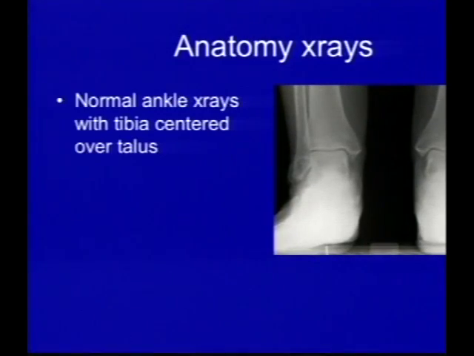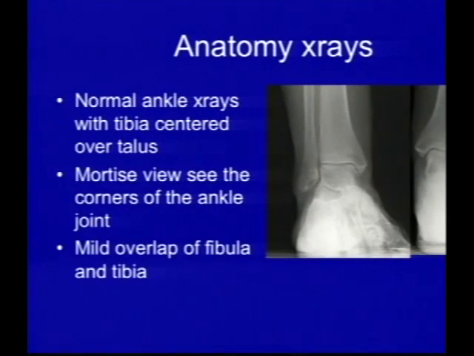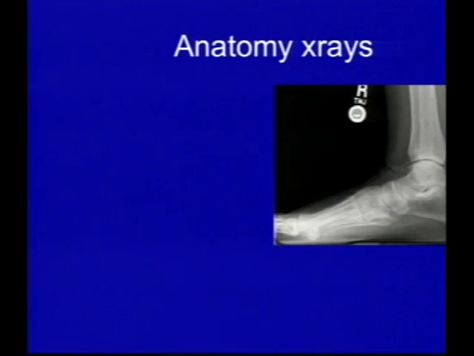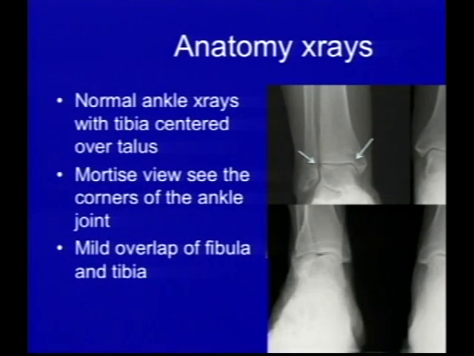And so this is actually a normal x-ray, and you can see that there's normal space in between the two corners of the ankle joint, okay? The ankle joint's between the tibia and the talus there. And there's a mild overlap of the tibia and the fibula. This is that same person, and believe it or not, it's on the other side, but you can see how this is 100% overlapped with this bone here versus this over here, okay?